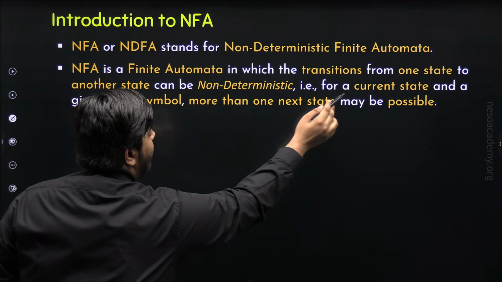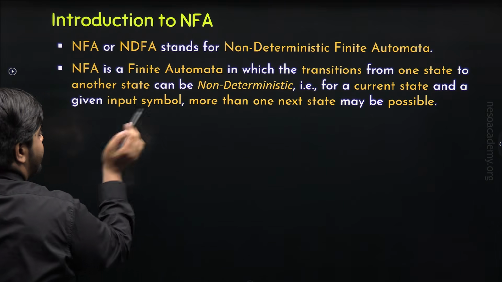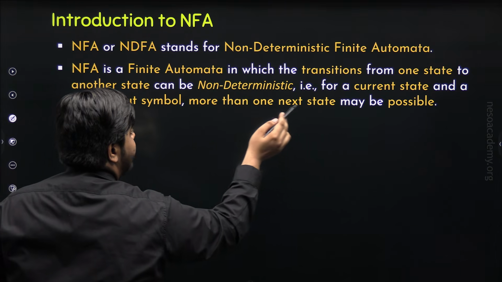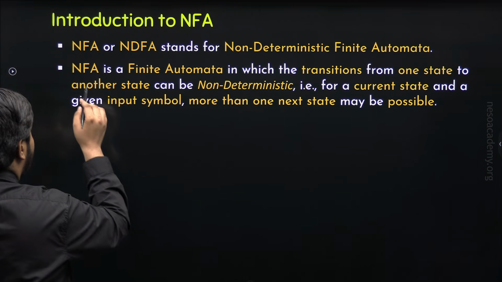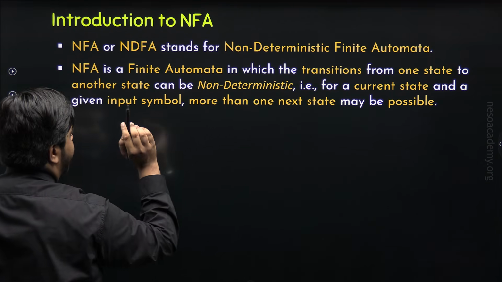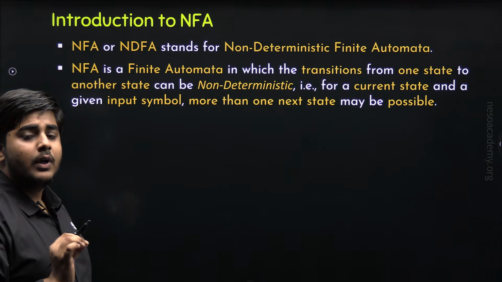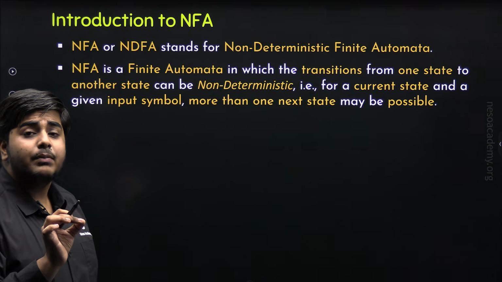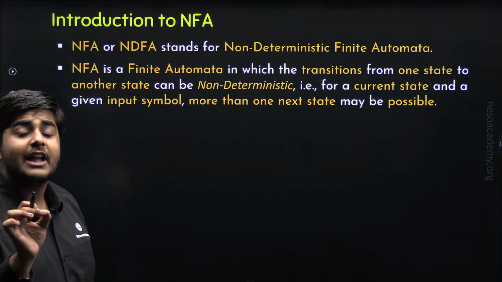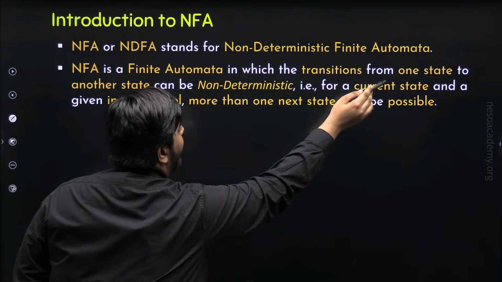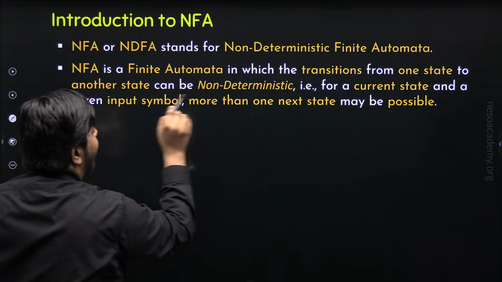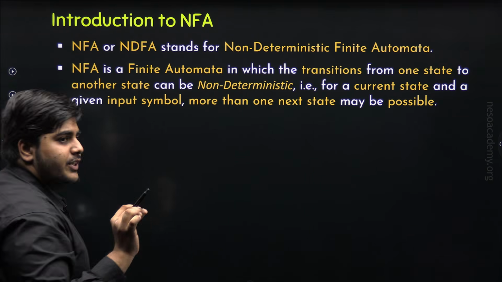That is, for a current state and a given input symbol, more than one next state may be possible. Let's understand this point. NFA is a finite automata, which I have already told you is an example of finite automata without output, in which the transitions from one state to another state can be non-deterministic.